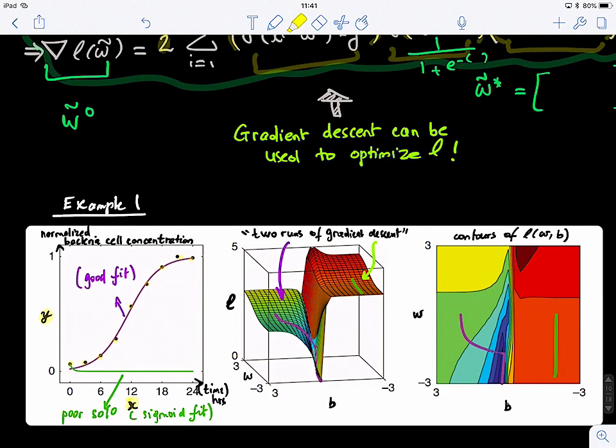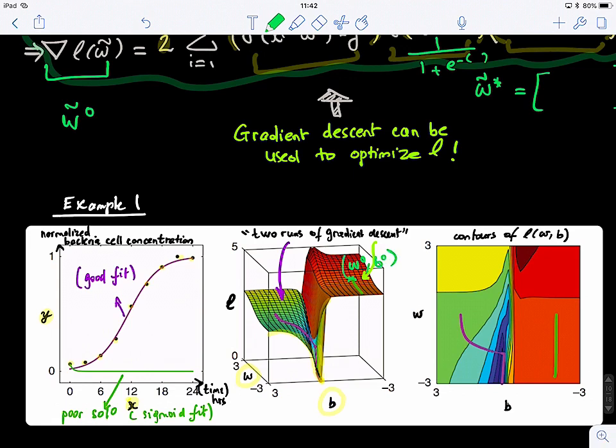And in this example, we plotted our loss function, which depends on the two variables w and b, and you can see that locally here it has a minimum. The minimum is around there. In this example, we have two different initializations of the gradient descent. First we take this point as initial point, w0, b0.